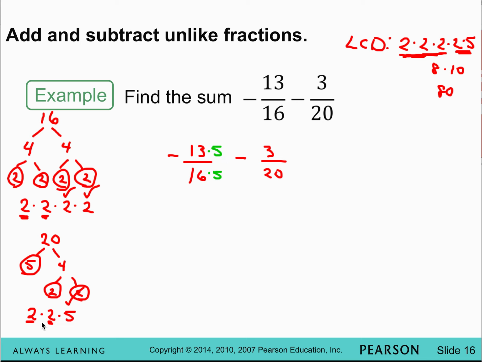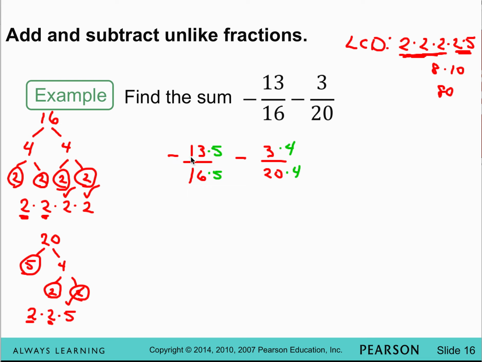Okay, 20 looks like this. 2 2's and a 5. So that's right here, 2 2's and a 5. So the extra part is 4. Okay, so all fractions, we just break them down exactly the same.